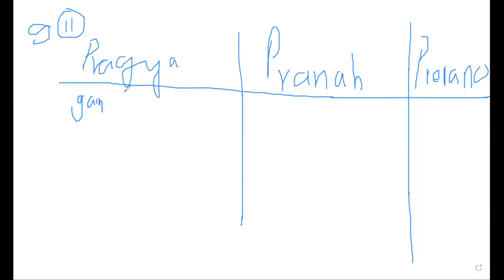How much is given there? 8%, right? 8%. Now selling to Pranab, and Pranab sold it to Prerna. Here SP for Pranab is given there. How much? 9,072. Understood?